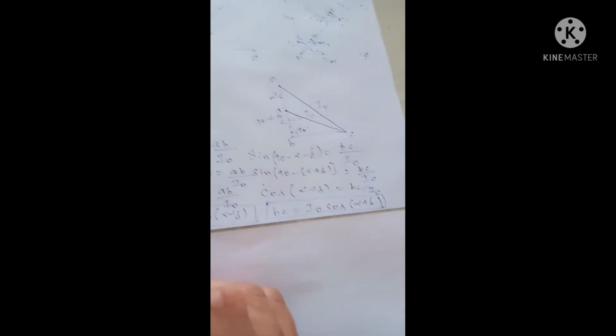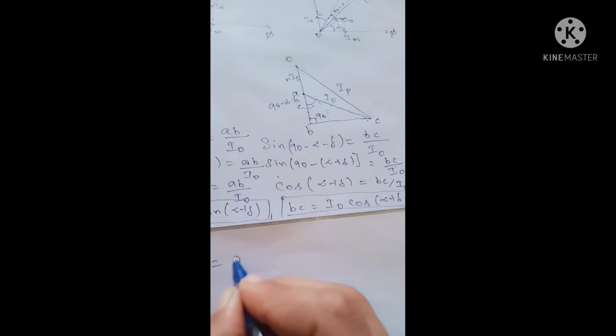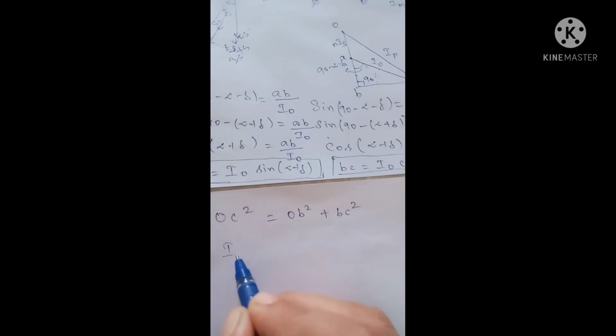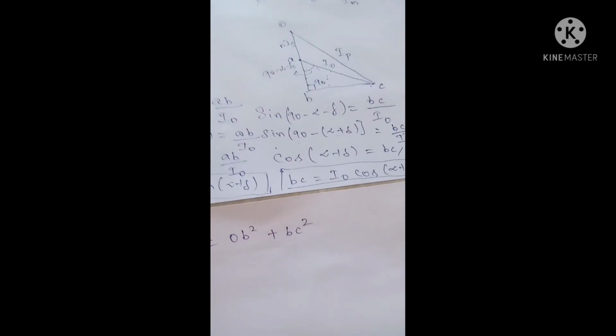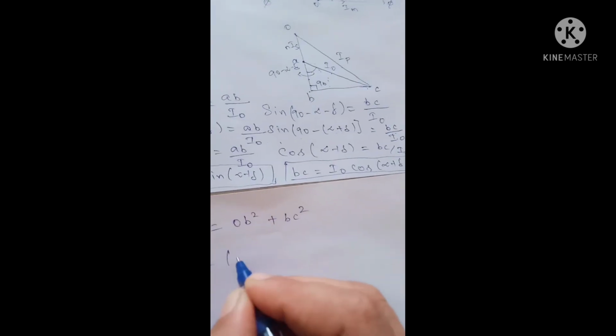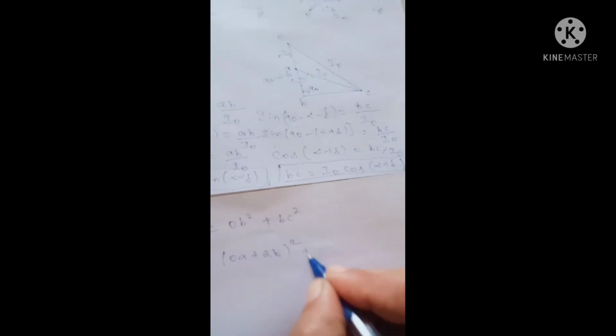By using Pythagoras theorem, OC square is equal to OB square plus BC square. OC, from our diagram, is nothing but IP. So IP square is equal to OB. Look at our diagram: OB is nothing but OA plus AB. So I write it as OA plus AB the whole square plus BC.